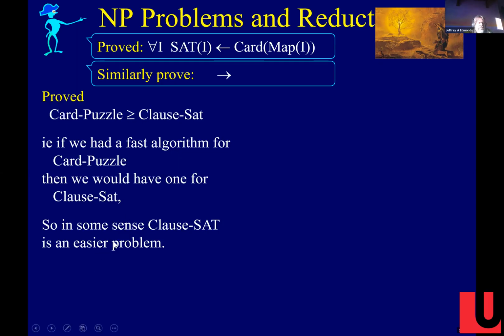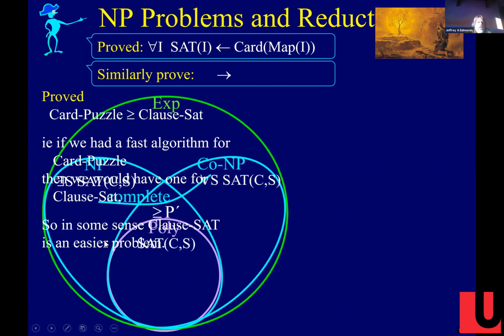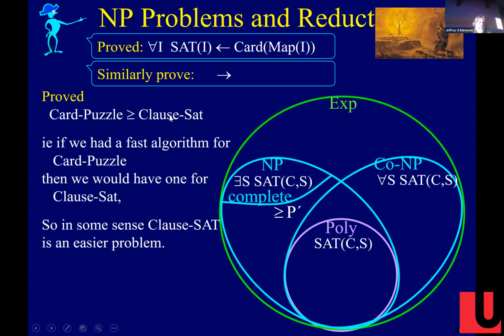But our belief is that we don't have an algorithm for the clause problem. We believe that the clause problem is hard, but the card problem is at least as hard, right? See here, we put card problem above clause problem. Everybody get that? Mhm. And that makes them both what we call NP complete.